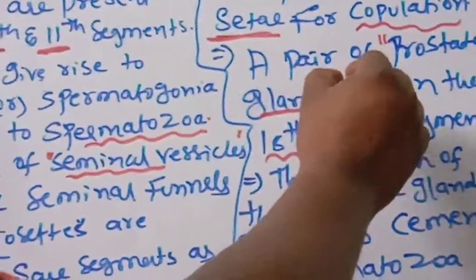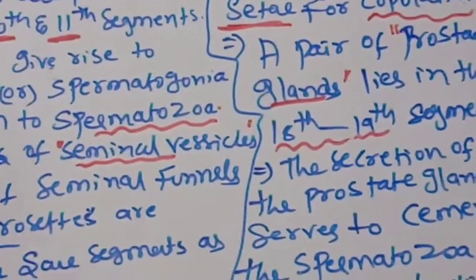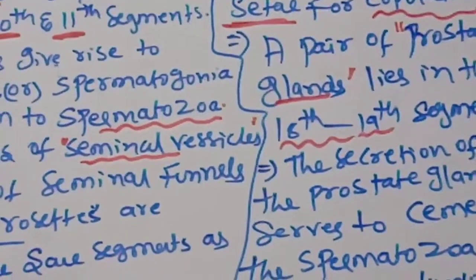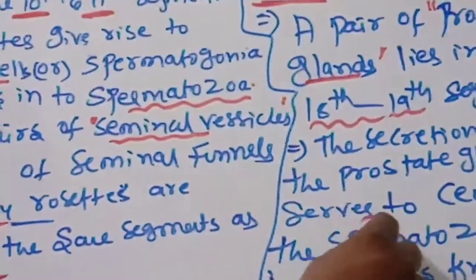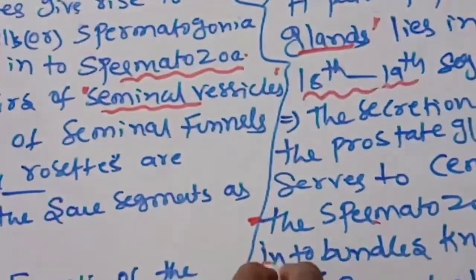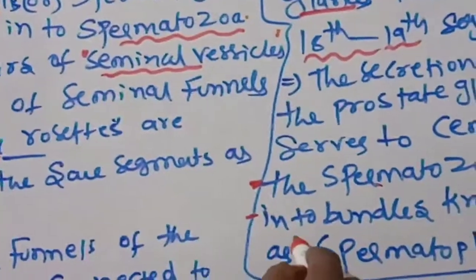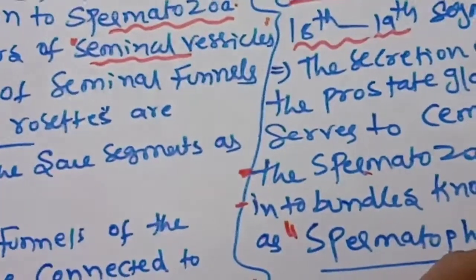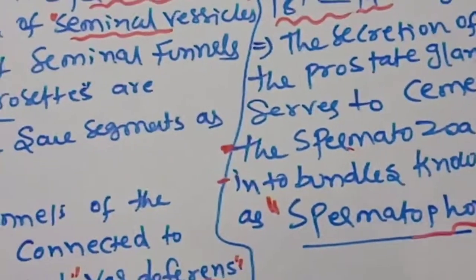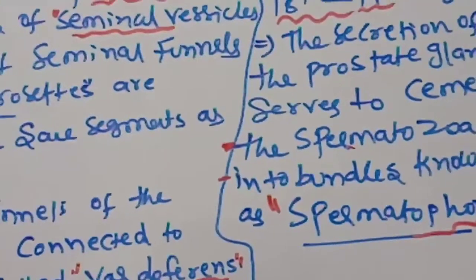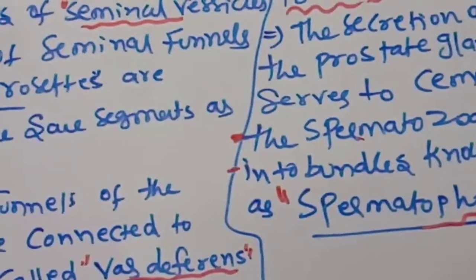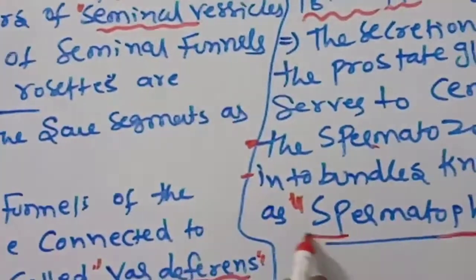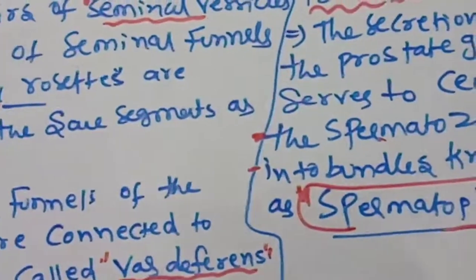They secrete useful materials for sperms. The secretion of the prostate gland serves to cement the spermatozoa into bundles known as spermatophores.